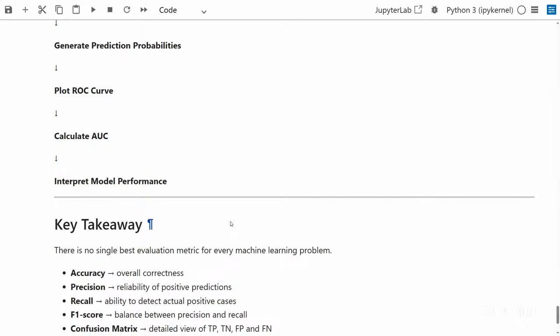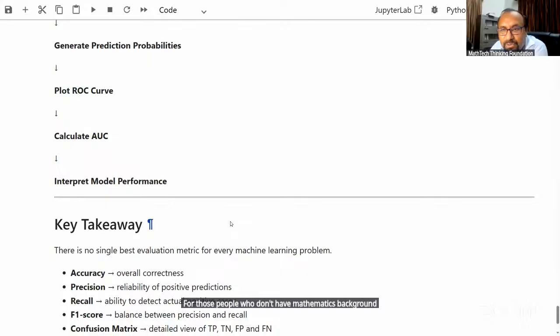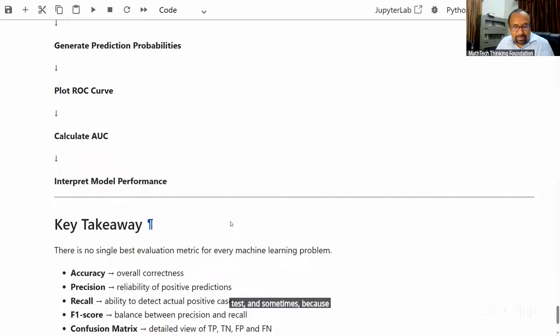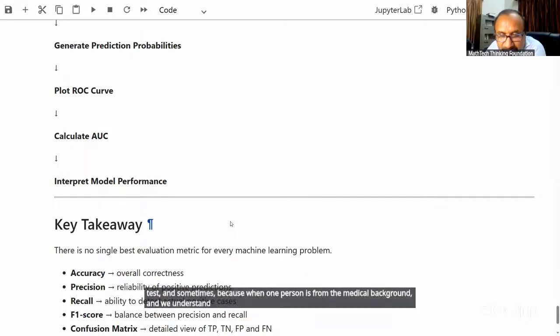For those people who don't have a mathematics background, specifically people from medical science or health science, please don't worry. We understand the gap, because when a participant is from a medical background, the mathematics concepts will take more time to understand.